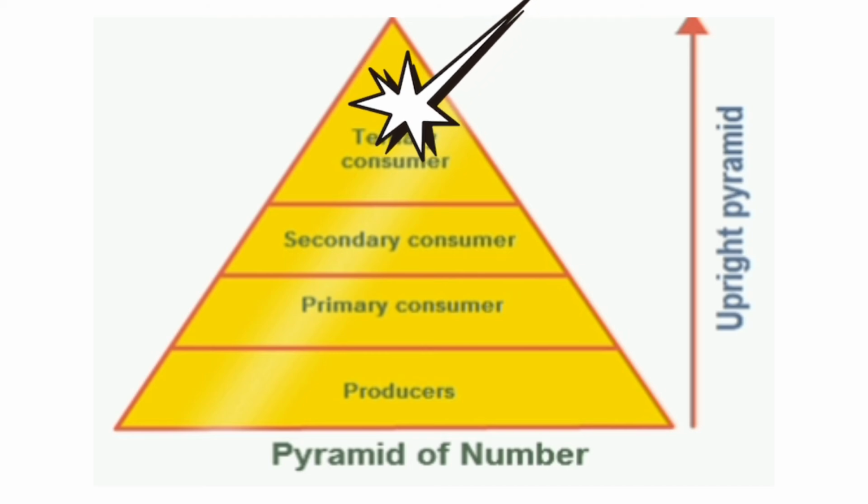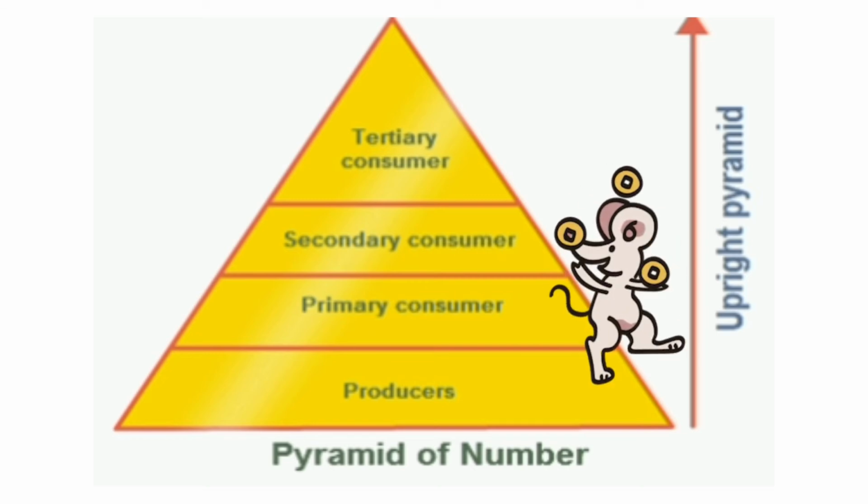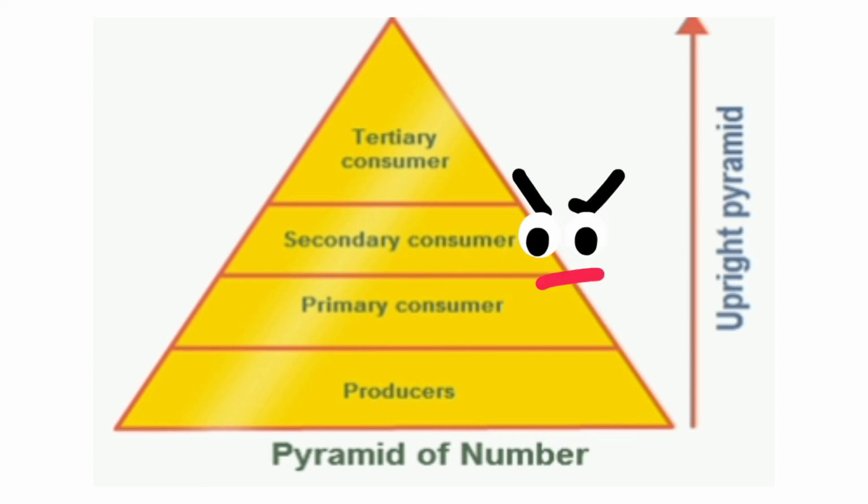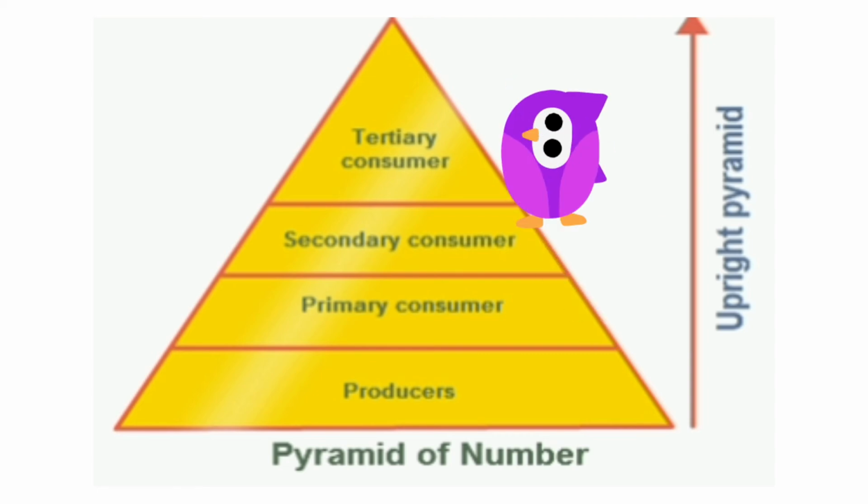The pyramid of number indicates that the number of plants at the base, that is the producer, is very large, and they form the base of the pyramid. They are eaten by the rats, which are fewer in number, and further these rats are eaten by a hawk or a carnivorous bird, which is only few. So you can see the pyramid of number is decreasing as it is going further to the top.